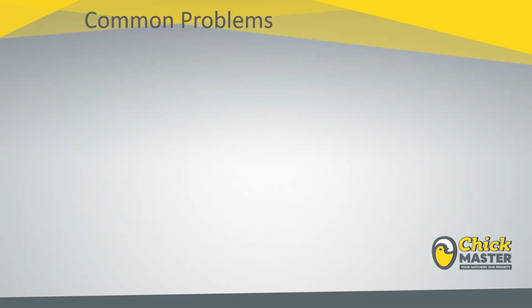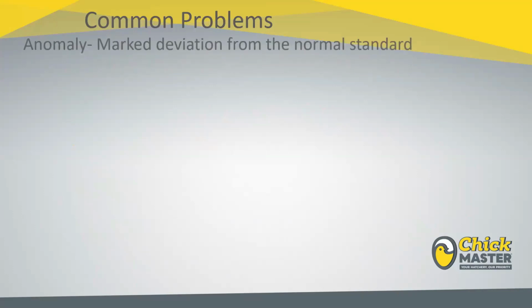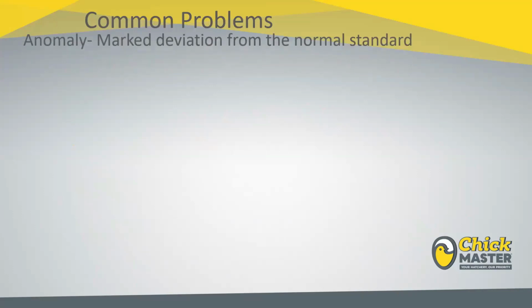When we continue forward and look at some other common problems, anomaly, which is a marked deviation from the normal standard, I see a lot of hatcheries really don't document this. And again, this is one of those things that will create a high number of late dead embryos.